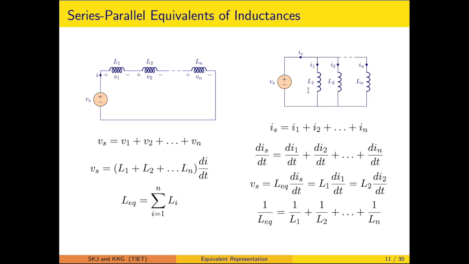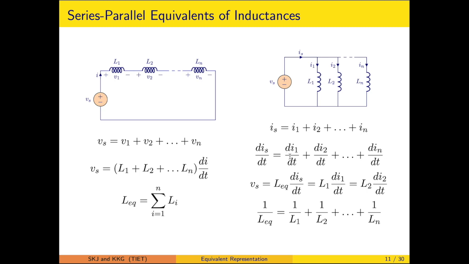Likewise, here they are connected in parallel. So likewise in the parallel case the current division is taking place. You can proceed on a similar line. Likewise you have the KCL equation Is is equal to I1 plus I2 plus I3. You take the derivative of this.